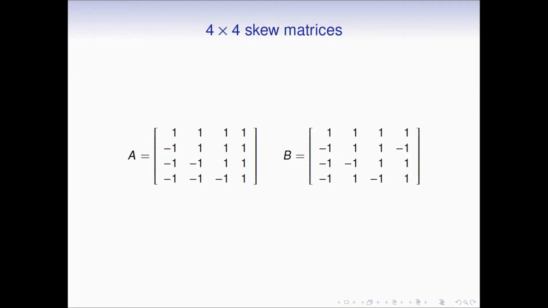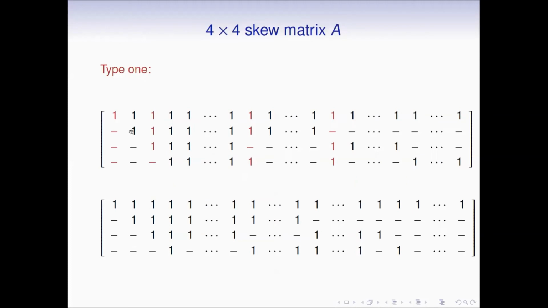So if you look at the first 4 rows of type 1, we look at the first 4 columns. Here it is of type A. It's matrix A here and here, and we have transformed it in this form, which can be seen.